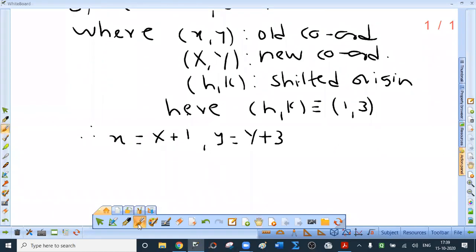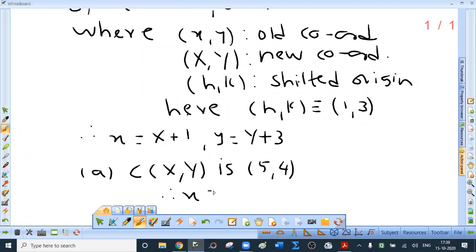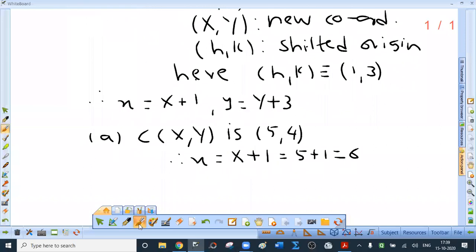So first part, capital X, Y is given to be what? (5, 4). So small x is capital X plus 1, that is 5 plus 1 equal to 6. Small y is capital Y plus 3, so 4 plus 3 equal to 7.